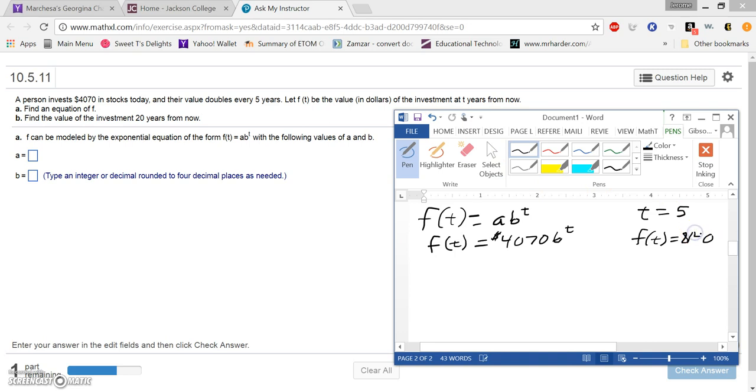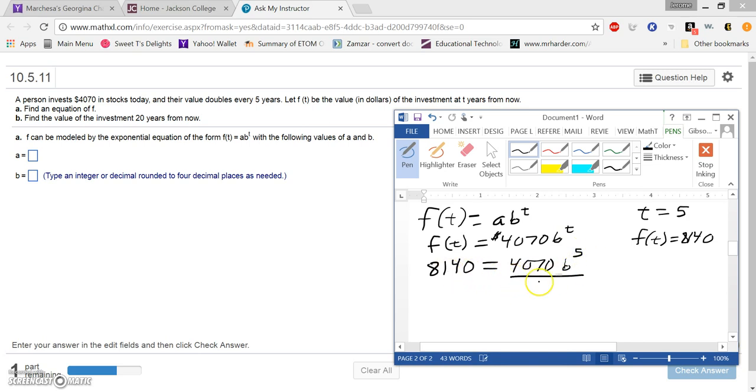Okay, so now this is what we would do. We would substitute these values. So F of T would be 8,140, and that would be equal to 4,070. Now we don't know what B is, but we do know that T is to the 5th power.